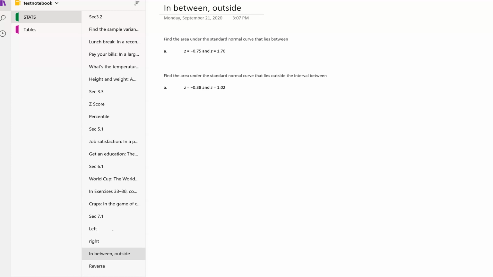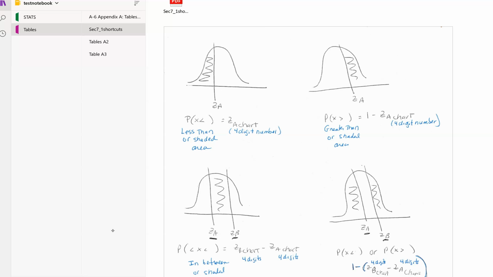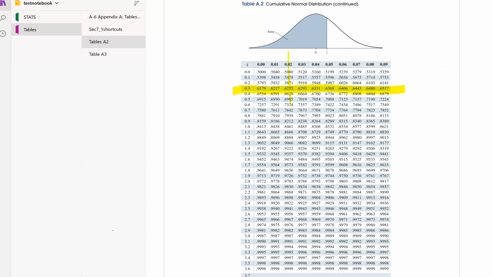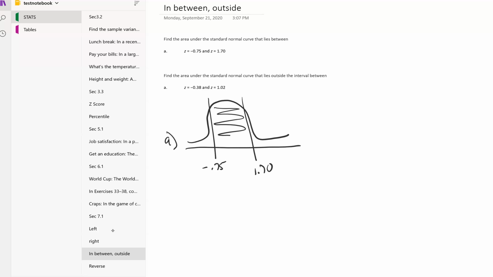All right, in between, just to refresh, and in between is here. I look up the two 4-digit numbers, and I subtract them from each other. So if I made a picture of an in-between, it's a negative 0.75 and a positive 1.7, so I'm looking for this.